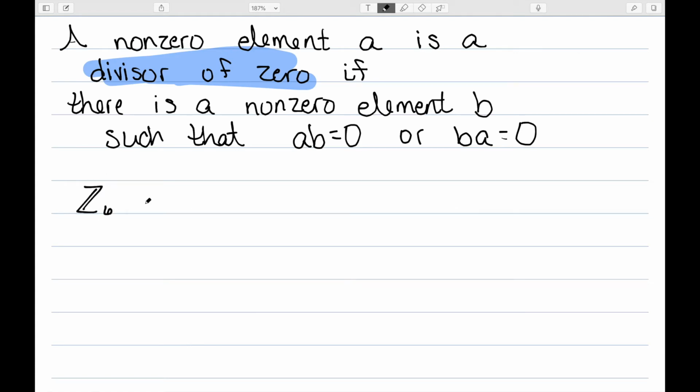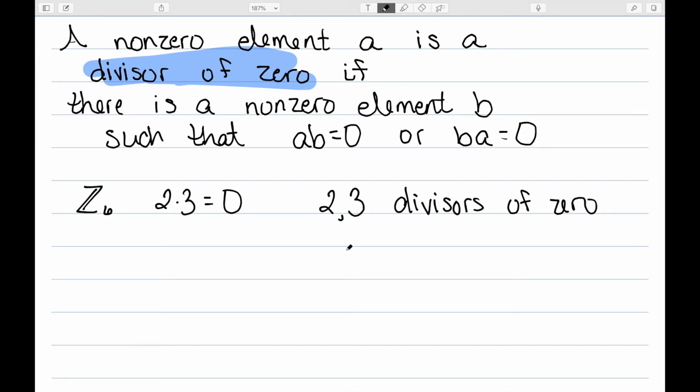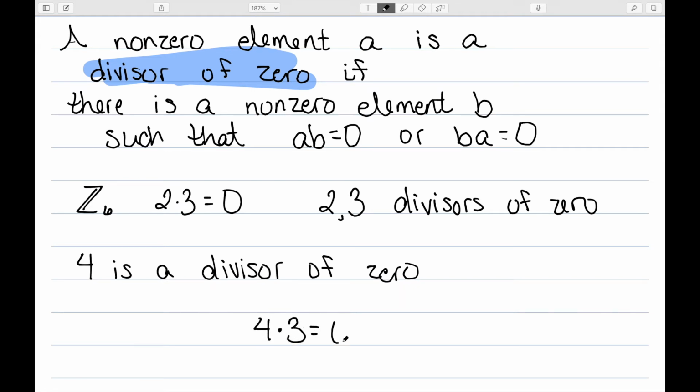Going back to my example in Z6 where we said 2 times 3 is equal to 0, that tells me both 2 and 3 are divisors of 0 in this ring. In addition, 4 is also a divisor of 0, since 4 times 3 would also be equal to 0 in Z6.